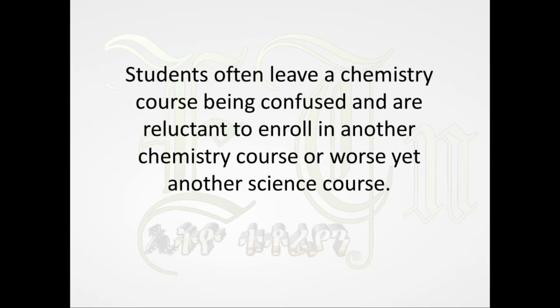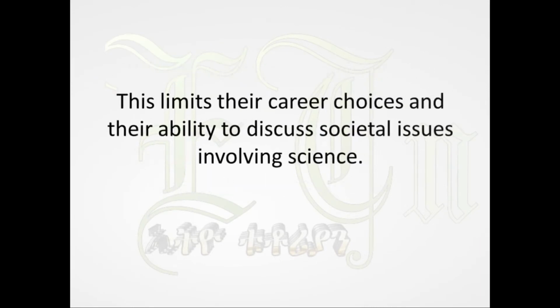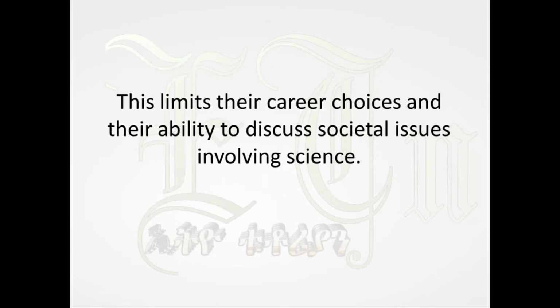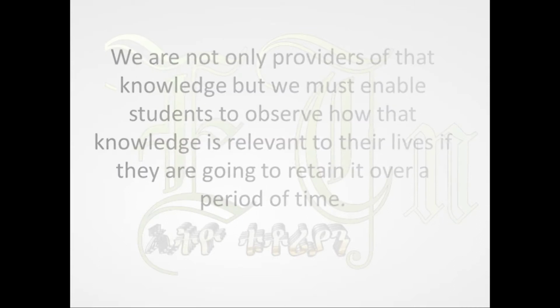Students often leave a chemistry course being confused, and are reluctant to enroll in another chemistry course, or worse yet, another science course. This limits their career choices and their ability to discuss societal issues involving science. We are not only providers of that knowledge, but we must enable students to observe how that knowledge is relevant to their lives, if they are going to retain it over a period of time.